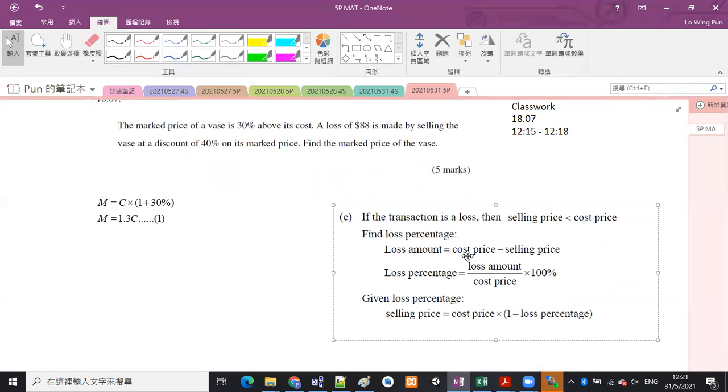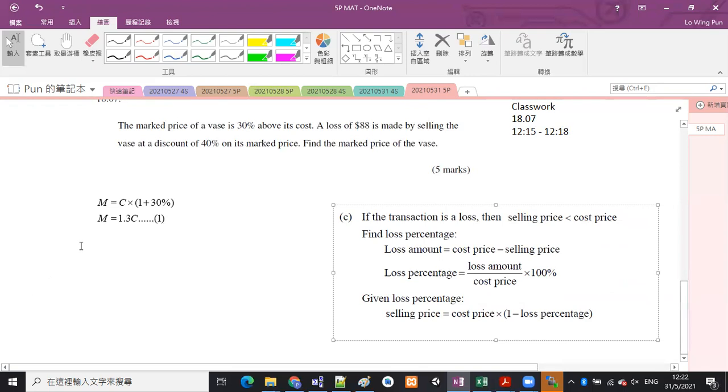It is not given the loss percentage, not about this. If it is given the loss amount, so that is actual loss money, then it will be equal to the cost price minus the selling price. C minus S is equal to the loss.